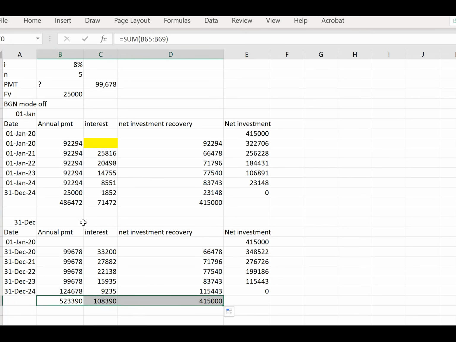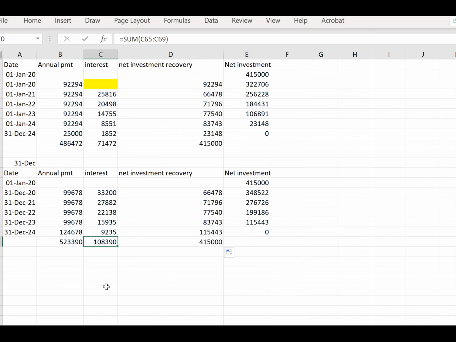Okay, so you can see that our net investment hasn't changed, but the lease payments have significantly increased, and the interest that we're going to earn on the lease has also increased because our required return of 8% will take longer to earn if we don't receive the payments until the end of each year.